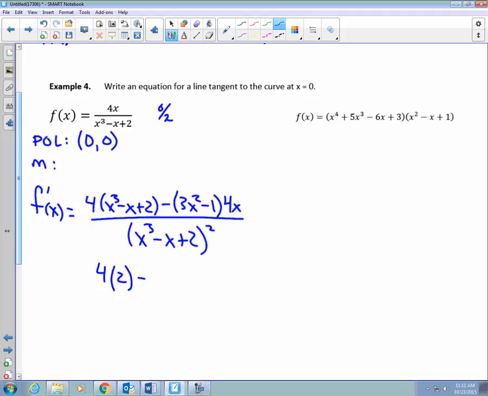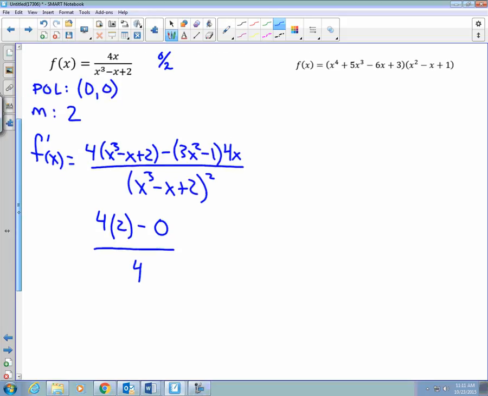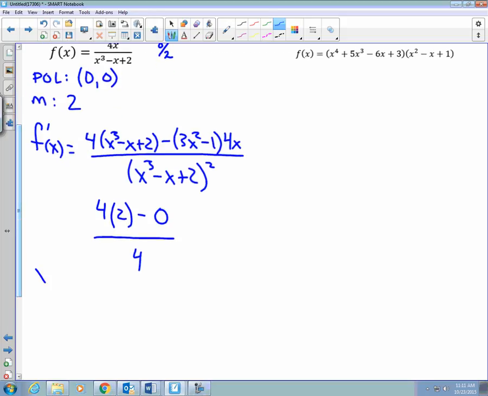This becomes 0, right? Over, plug in 0 in the denominator, I get 2 squared is 4. So I get 8 over 4, which is 2. Is that enough information to write your equation for your line? Yeah. We have y minus y1, or 0, equals m, 2, times x minus x1, which is 0. So you get y equals 2x.